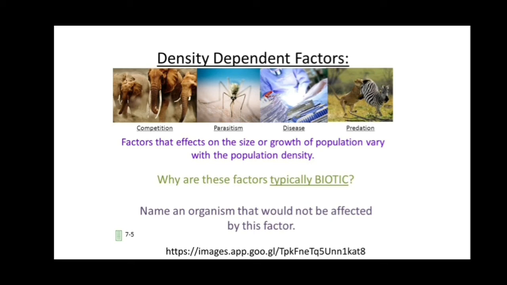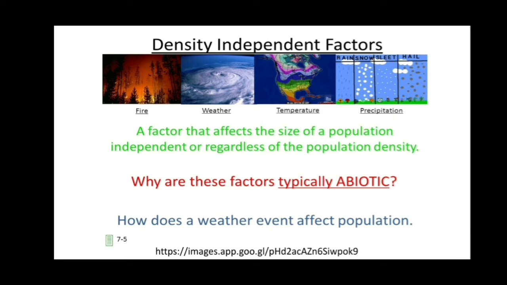Density independent factors regulate the population without considering its density and operate on large and small populations: fire, weather, temperature, precipitation, tsunami, earthquake, volcanoes, and landslides. These factors affect the size of the population regardless of population density. The disturbance and disintegration of natural habitat and certain human activities such as forest cutting, pollution and dam building are also density independent factors that can cause a decrease in a species population no matter how large or small.